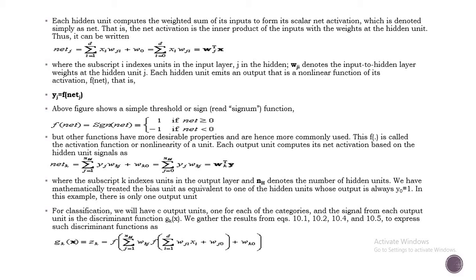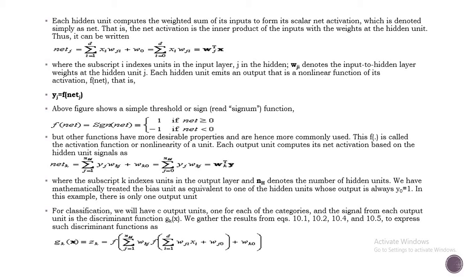This is equal to the summation from i=0 to d of xi wji, which equals wj transpose x, where the subscript i indexes units in the input layer, j in the hidden layer, and wji denotes the input-to-hidden layer weights at the hidden unit j. Each hidden unit emits an output that is a nonlinear function of its activation, f of net, that is yj equals f of net_j.